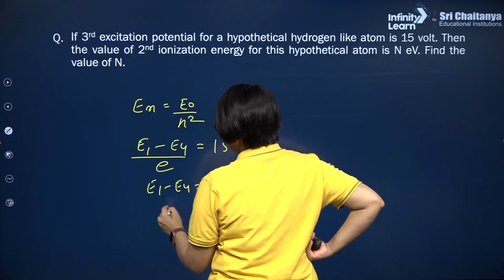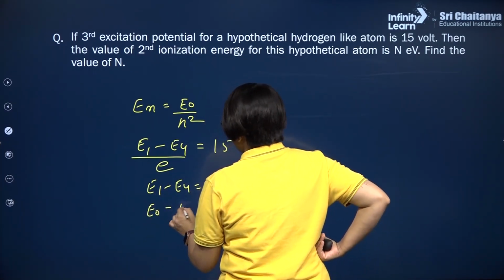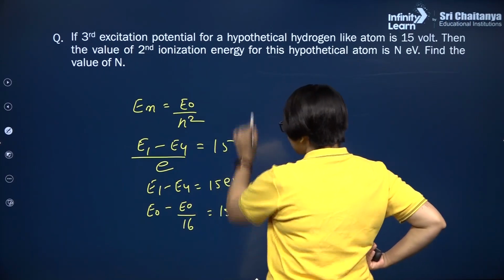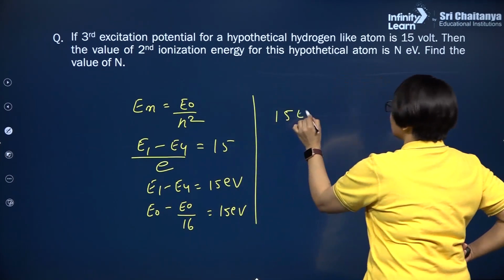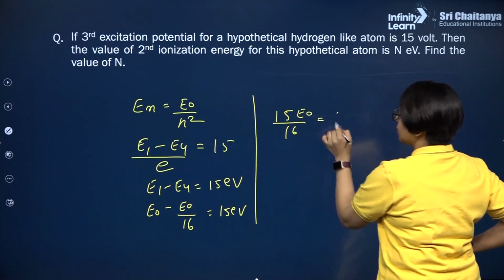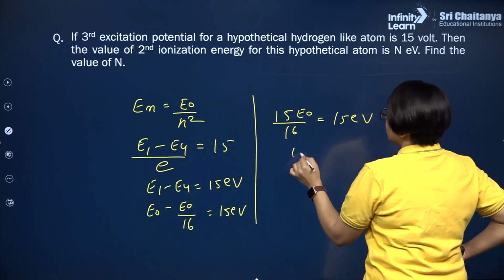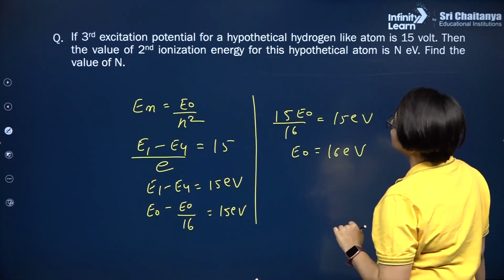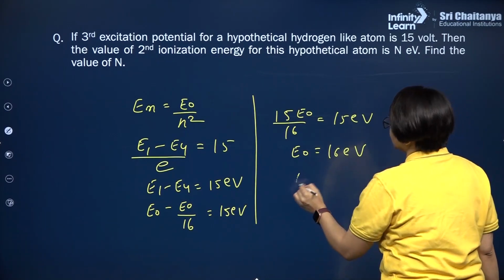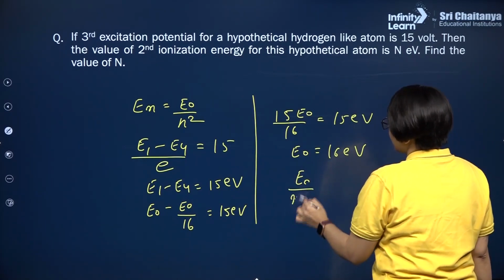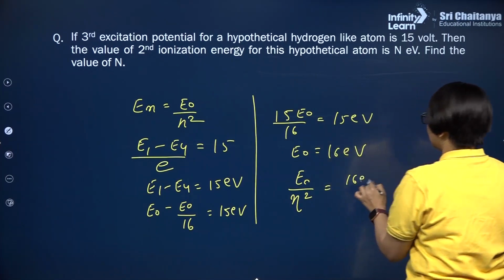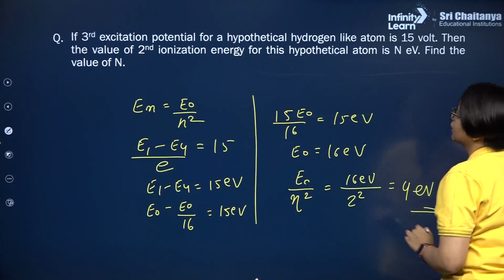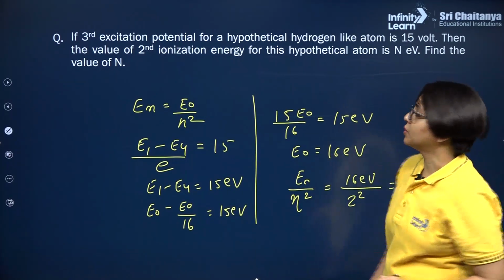E1 is E naught, E4 is E naught divided by 4 square, that is 16. So this will give you 15 E naught divided by 16 as 15 electron volt. So E naught will be 16 electron volt. So what is the ionization energy for the second? It is E naught divided by n square, so it is 16 electron volt divided by 2 square, that is 4 electron volt. So the correct answer is 4 electron volt.